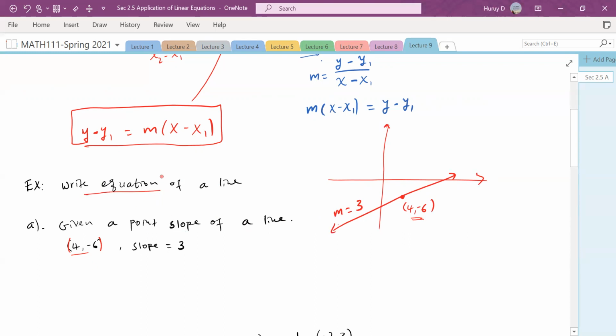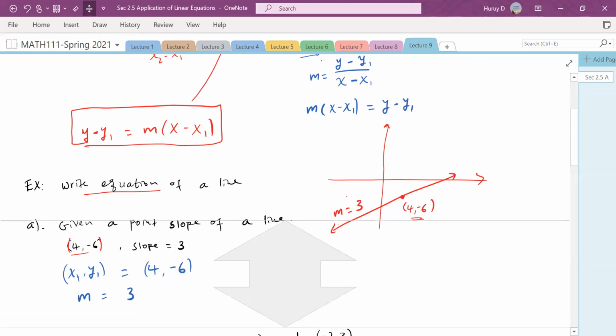So what we need here is the slope and one point, and we have them, right? If you have the slope and a point, then you use this formula right here, y minus y1. First, my (x1, y1) is the point (4, -6), and my slope is 3.